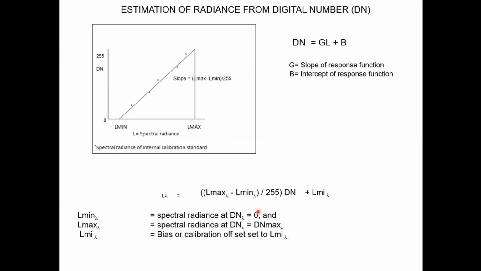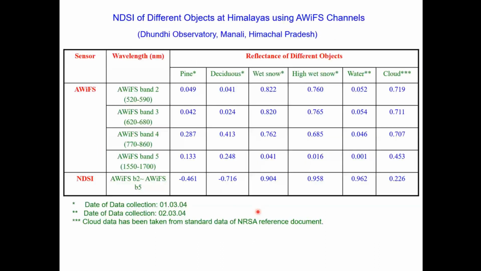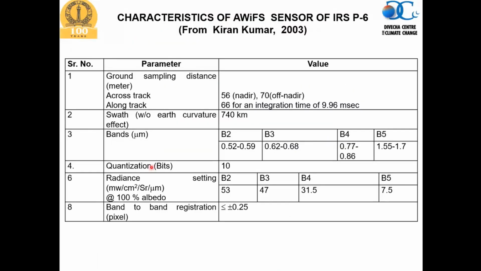But the key question is, how do you estimate the radiance from the digital number? The digital number depends upon quantization. If you look at the sensor characteristics, it is only a function of quantization: how many bits is the data?